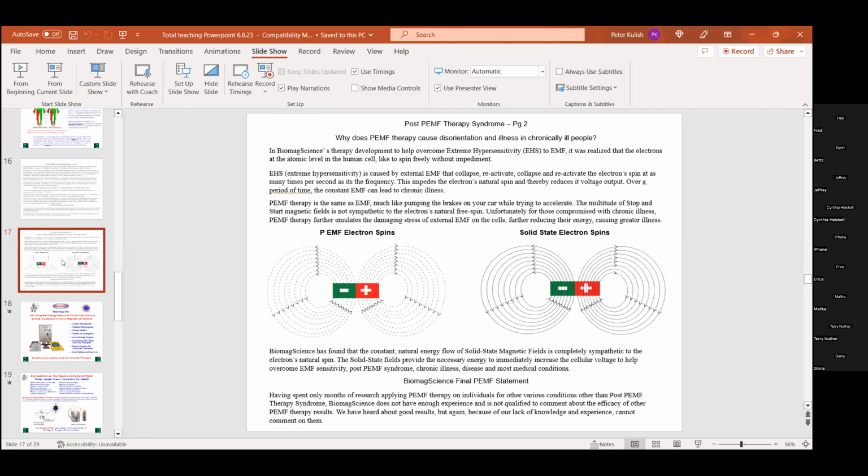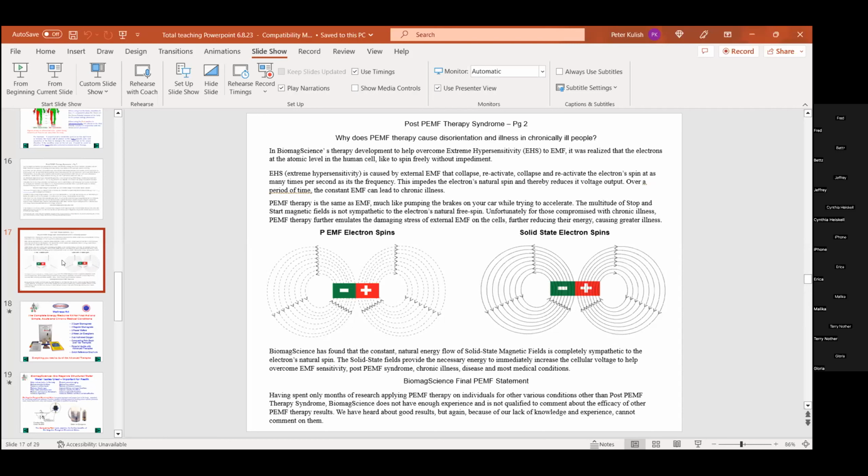And in these individuals, when you reduce the spin, you reduce the voltage. And when you reduce the voltage, the cellular function goes down even lower. We knew about this because we had been helping people who were suffering from EMF, who were extremely hypersensitive to EMF.